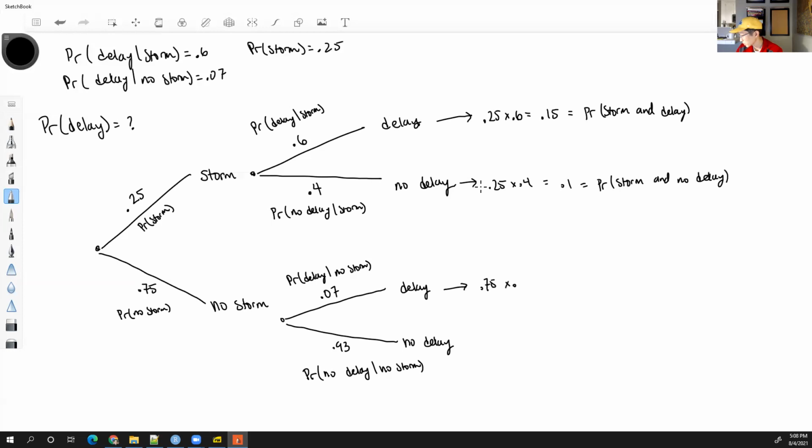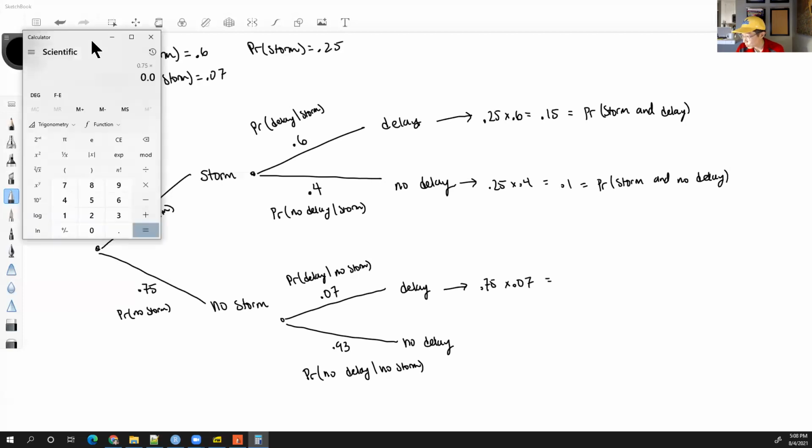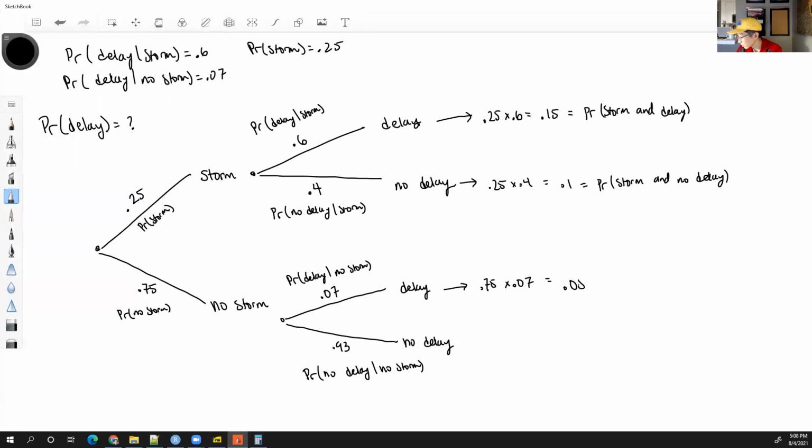0.75 times 0.07. I don't remember what that was. Let me pull up my calculator. 0.75 times 0.07. 0.0525. This is the probability of no storm and a delay.